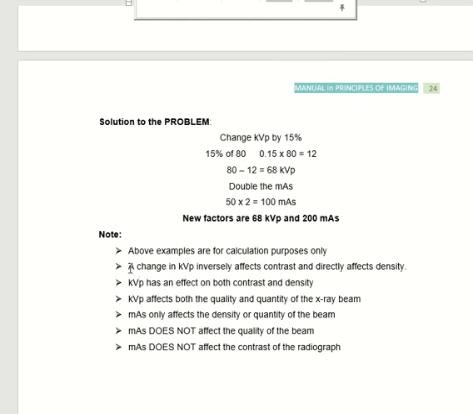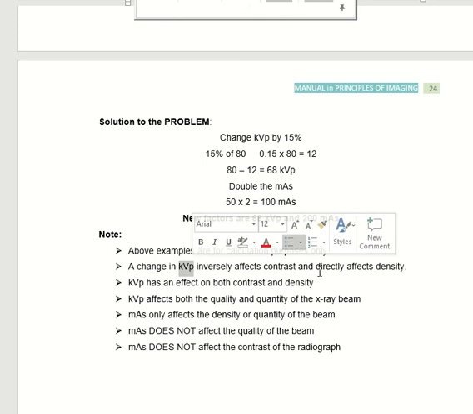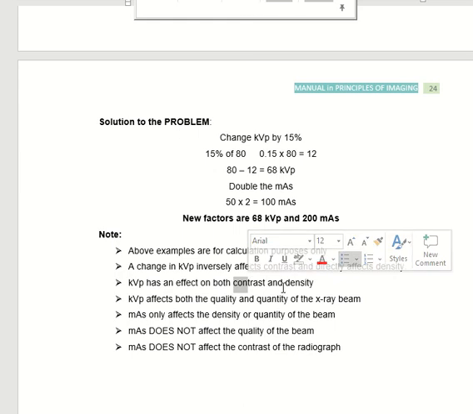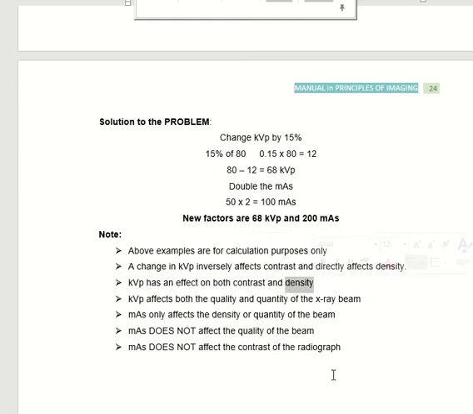Ito yung importante. kVp is inversely related to contrast. kVp is directly related to density. Na-discuss na natin yan sa introduction. kVp has an effect on both contrast and density. Inversely sa contrast, directly sa density.